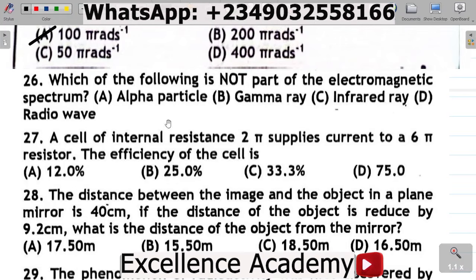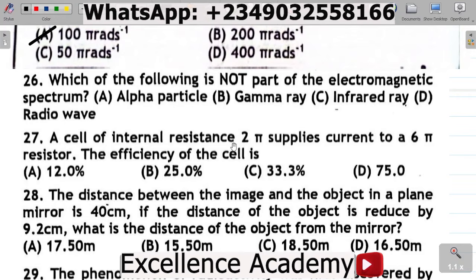Now, here's what you want to note. The electromagnetic spectrum is a whole range of electromagnetic waves, which includes gamma rays. So gamma rays is there. Number two is visible light. Then you also have number three, microwaves. You have number four, radio waves.